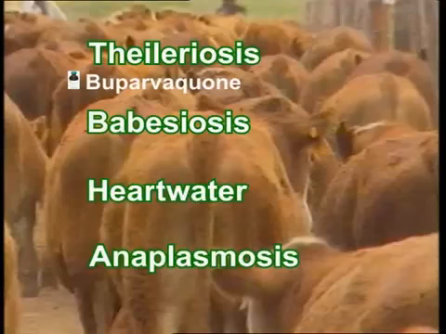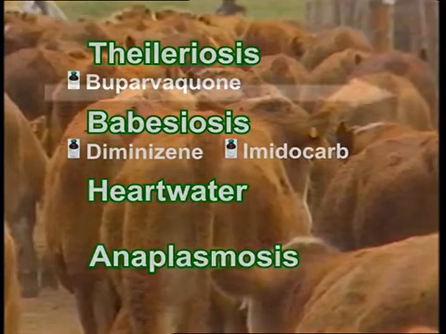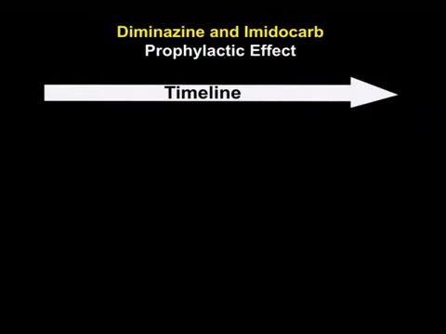The main compounds used for the treatment of babesiosis are diminazine and imidocarb. Both can be used prophylactically to protect animals against development of clinical disease for variable periods of up to several weeks, depending on the compound used, the dosage, and the parasite species.